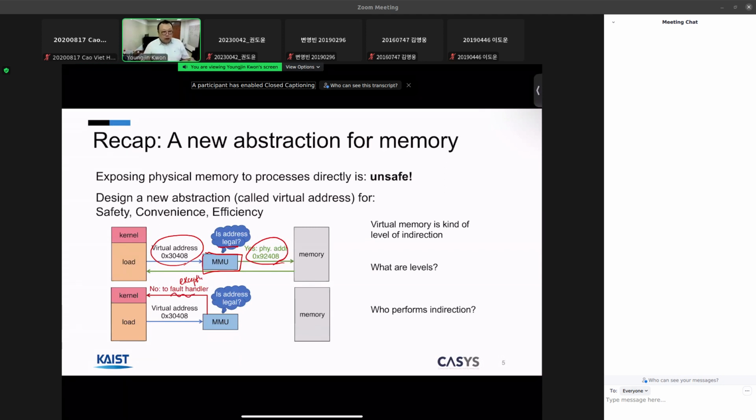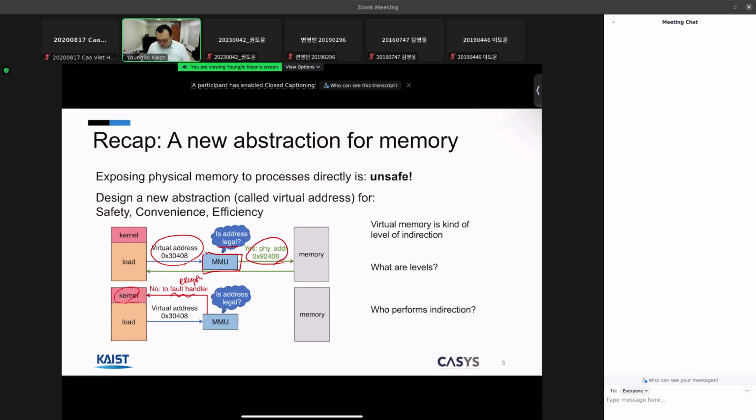We learned in the earlier lecture what an exception is and how it is handled. Control goes to the kernel, and the kernel decides whether to kill the process or continue to execute it. So a page fault gives the kernel a chance to control illegal memory access. This is the basic way of implementing virtual memory.